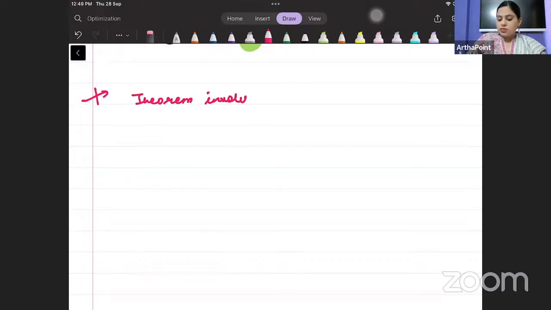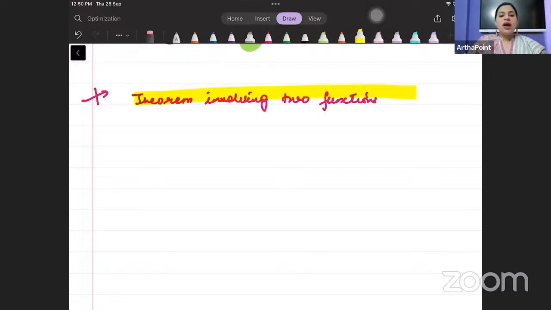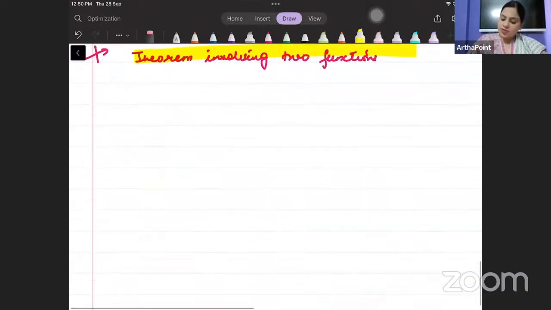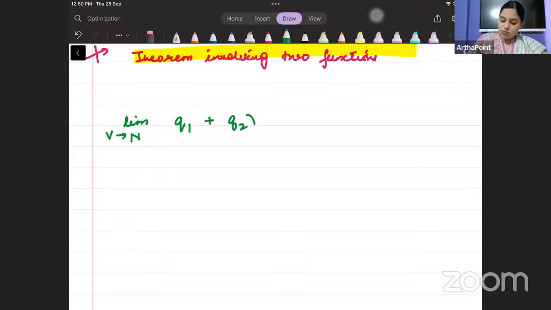So now let's come to the next part and write down theorems involving two functions. So if I have two functions, how can we go ahead and how can we bring some theorems? ये हमें देखनी है, ठीक है बेटा? तो first theorem जो आती है हमारी वो sum and difference की आती है. So limit v tends to n of q1 plus q2, right बेटा?